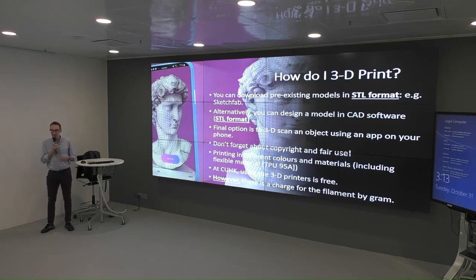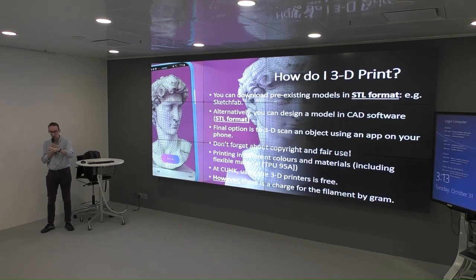Once we have our model or our design or our 3D scan, we can then think about not only the size we want to print it out, do we want it to be full scale or smaller or perhaps larger, and then about the colors and materials. You'll see in the makerspace there are 3D printers with a number of different materials, some more like plastic.